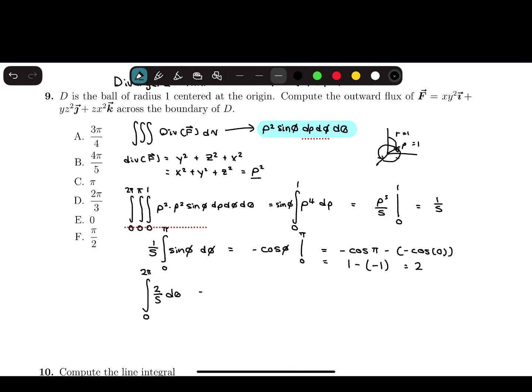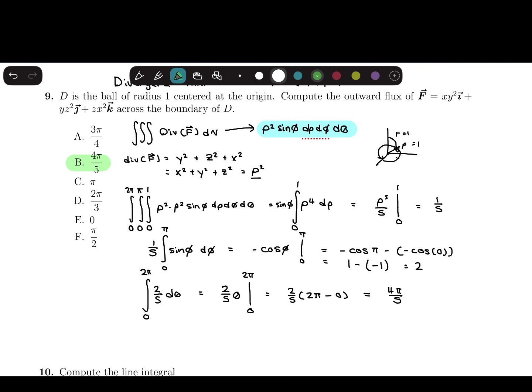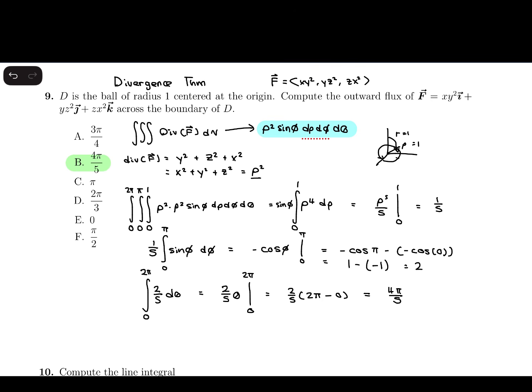There's no theta to worry about, so you just get 2 over 5 theta integrated from 0 to 2 pi, which gets you 2/5 times 2 pi minus 0, which is just 4 pi over 5. 4 pi over 5, which is our answer choice B. So that was question number 9 using the divergence theorem and spherical coordinates.